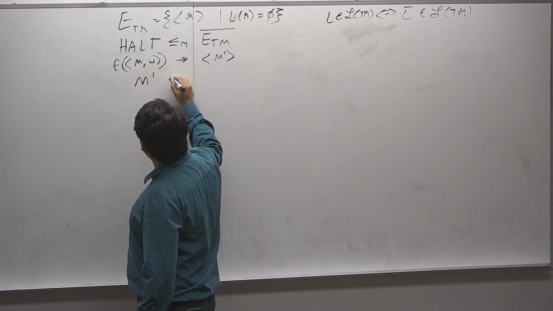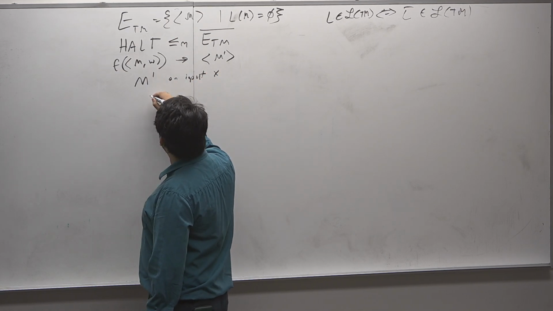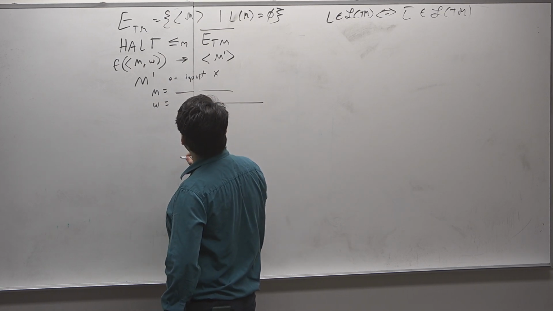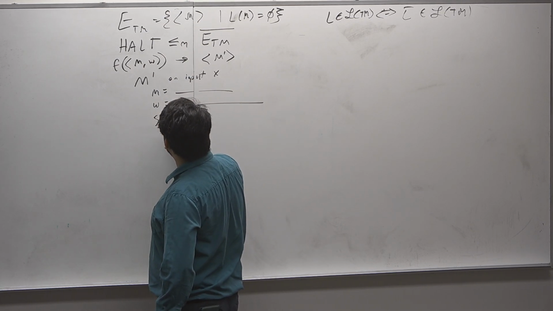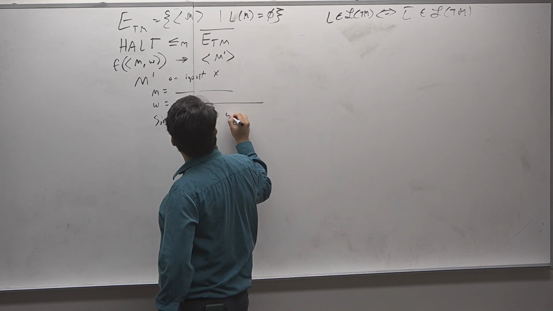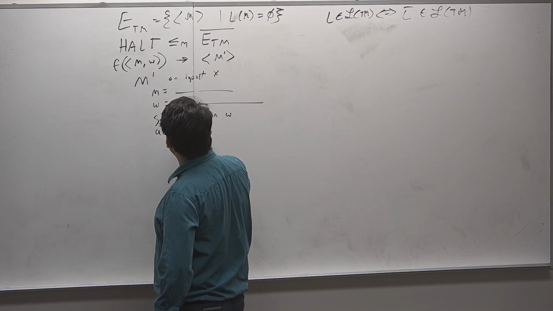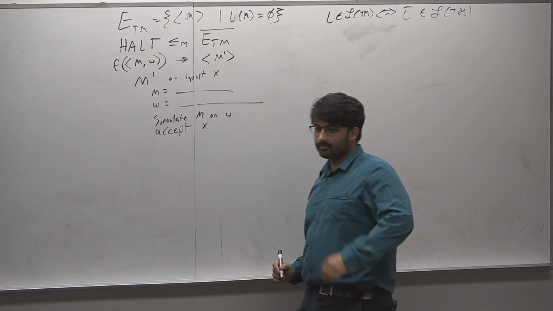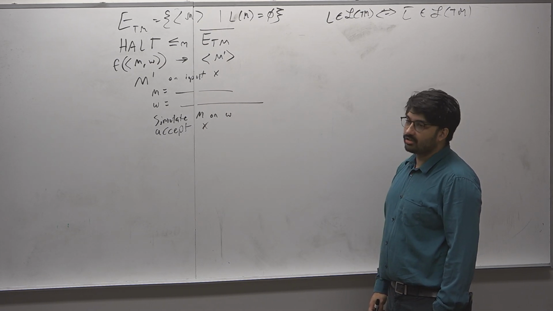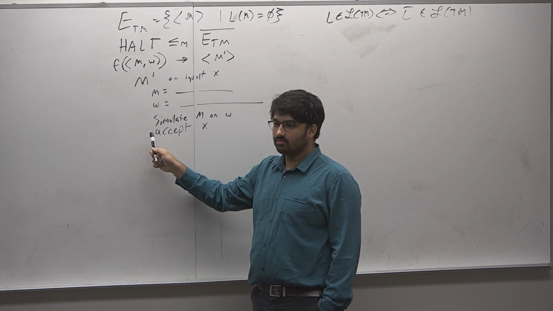M prime on input X is going to have M and W hard-coded into it by the reduction. And then we just simulate M on W, and if that line passes, then we just accept X.